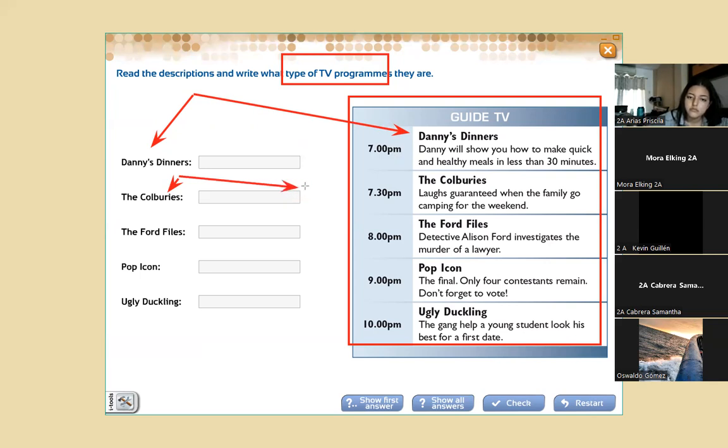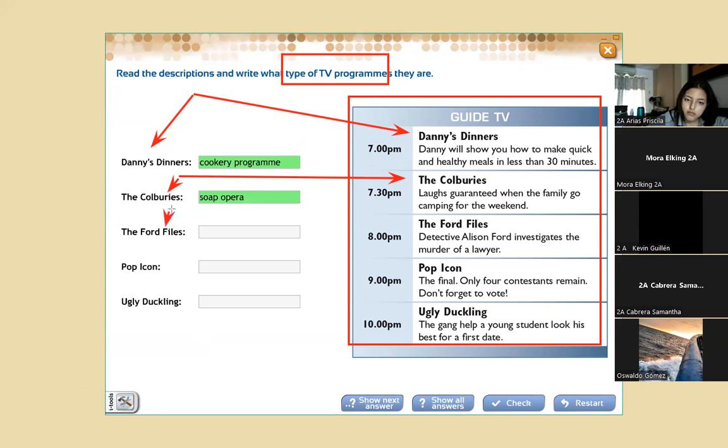Are you sure? Okay. 8 p.m. crime series. Okay. Look at this. Here you have to put information. Did you see? It says dinners, about the cookery program, right? The 7, in this case, is about soap opera. Okay, continue. The next one.